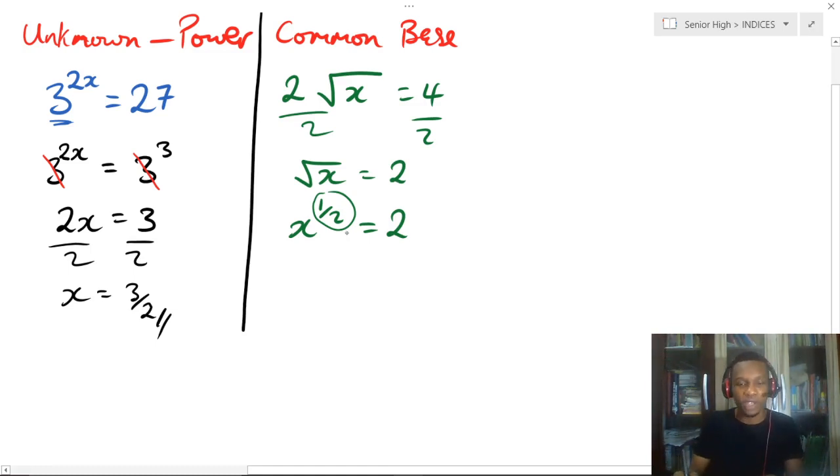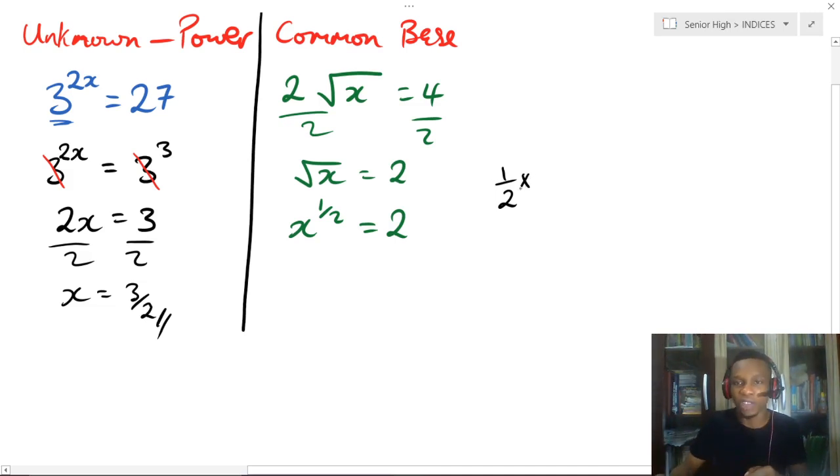So now if I was to take away this half, that's this raised power 1 over 2, what will I multiply by to take away raised power 1 over 2? Imagine that. If I have 1 over 2, what do I do to take it away? Use the reciprocal. Reciprocal of every number is that number that when you multiply it, you get back the identity.